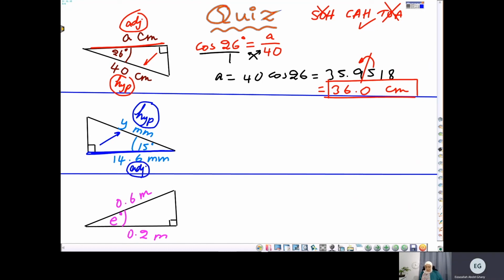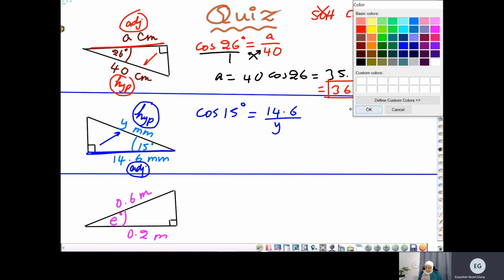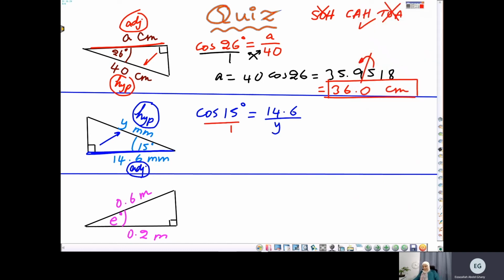So adjacent over hypotenuse, it's cosine.